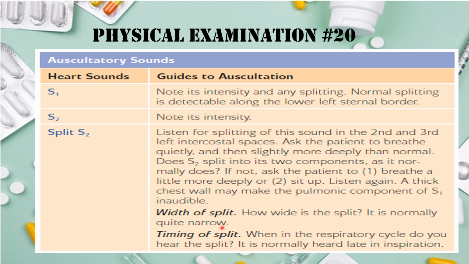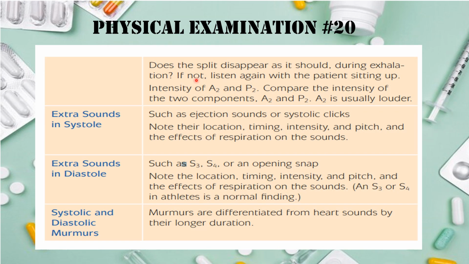Is it normally quite narrow? Also take note of the timing of the split in the respiratory cycle. Do you hear the split? Is it normally heard late in inspiration? Does the split disappear as it should during exhalation?